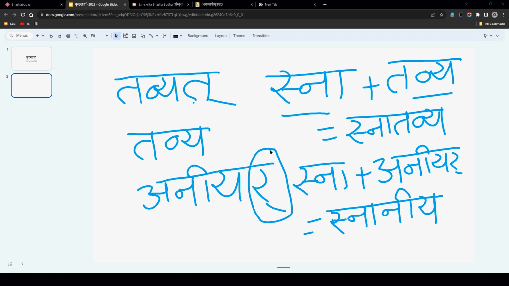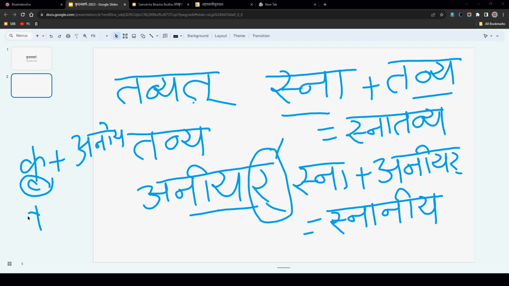Same thing with karaniya also. Kru is the dhatu there, we know kru. Plus aneeyar, in that ra is removed, then aneeya remains. Then this ru changes to ar. Ka plus ru is there here. What is ru? Is it a swara or vyanjanam?